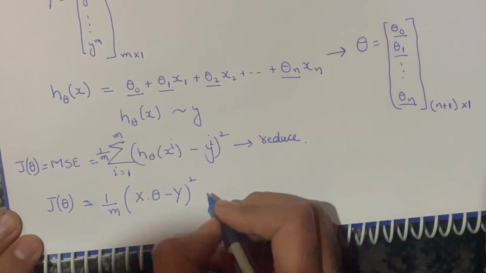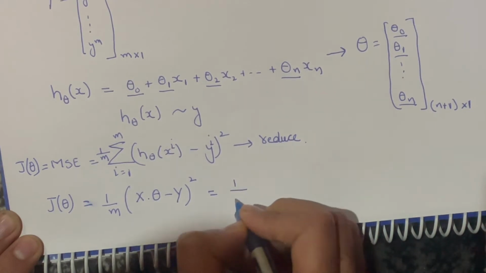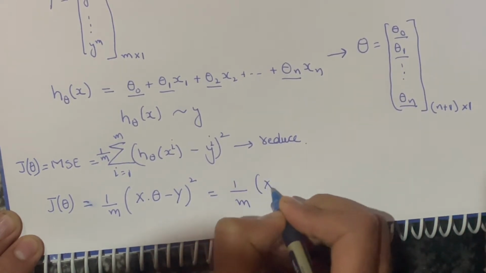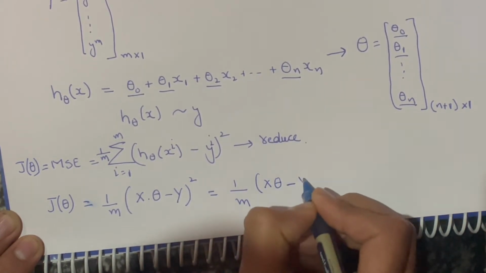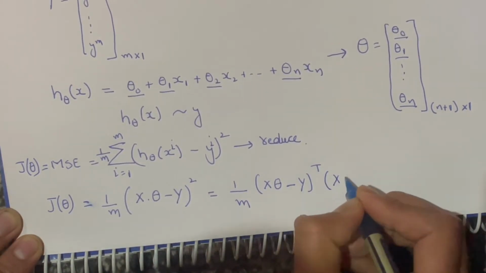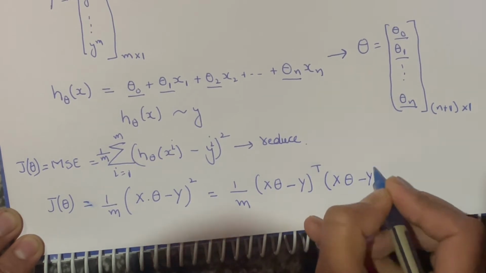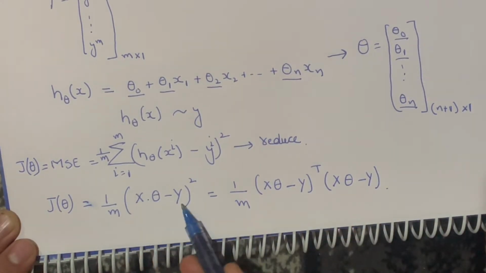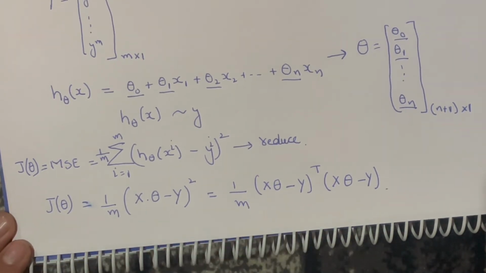Or we can also write it like this: 1 by m, (x theta minus y) transpose times (x theta minus y), because square in matrix format is written like this. So this part we have already discussed.